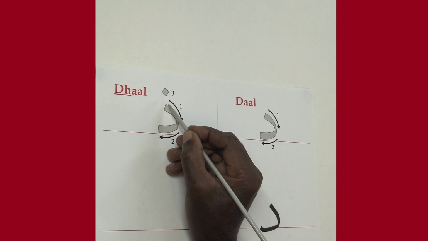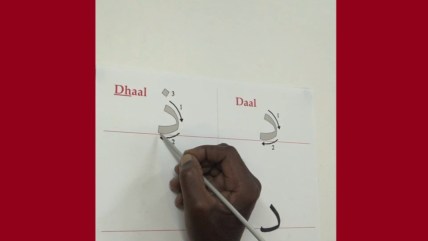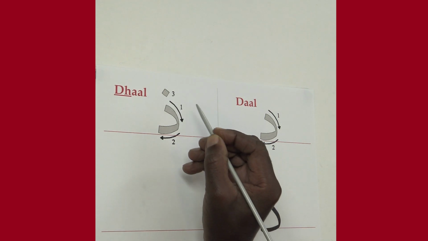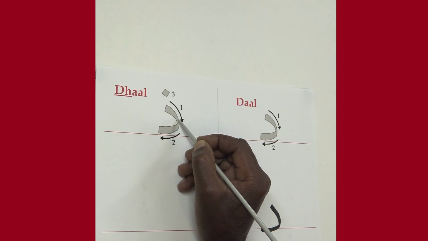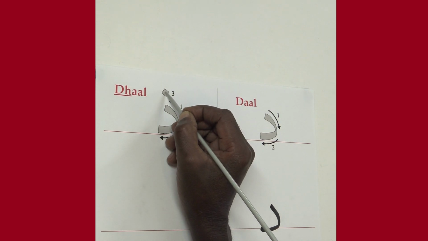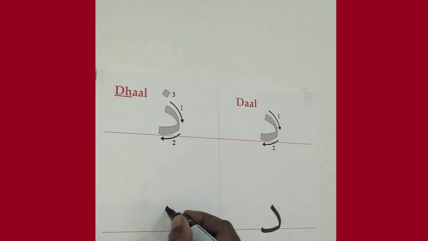The next letter, dhal, is the same as letter dal, except we have 1 dot on top. One more time. Do the shape first, then place the dot on top. I write that for you as well. Letter dhal.